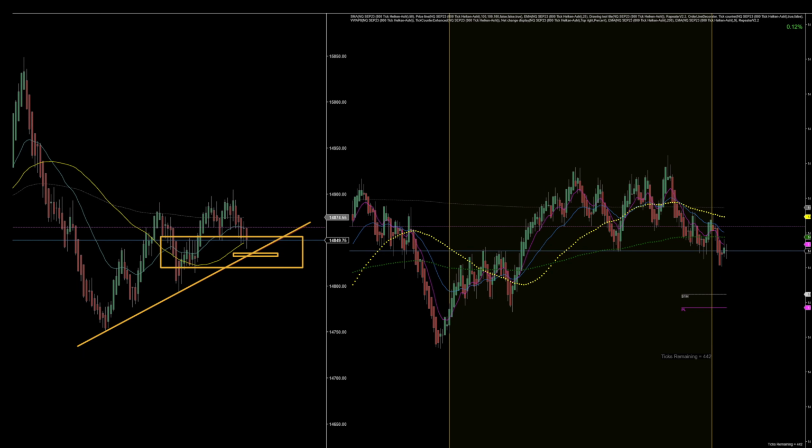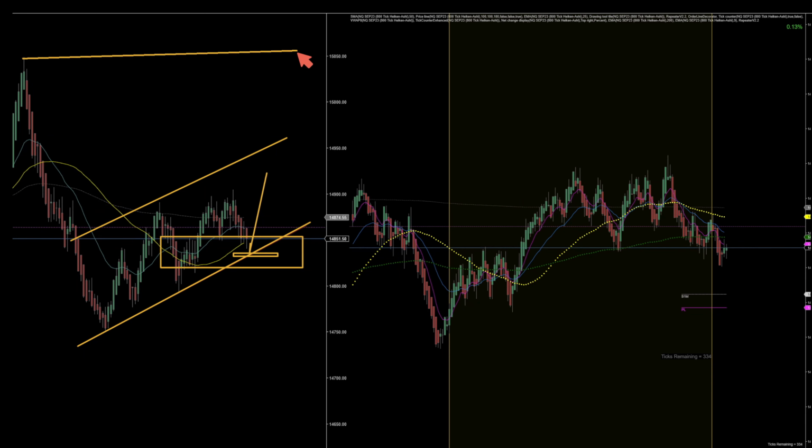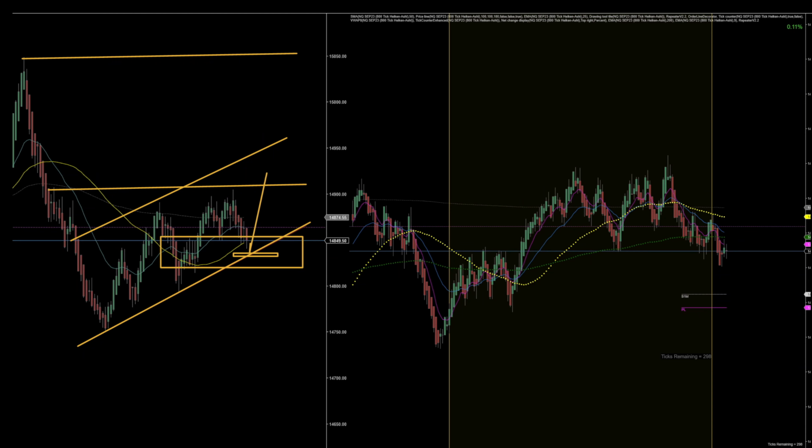Is it going to do a bounce? Price comes back, does a bounce and continues, tests the highs, or maybe tests this level here. We have these levels here that could be retested again, so there are a couple of retest areas above.